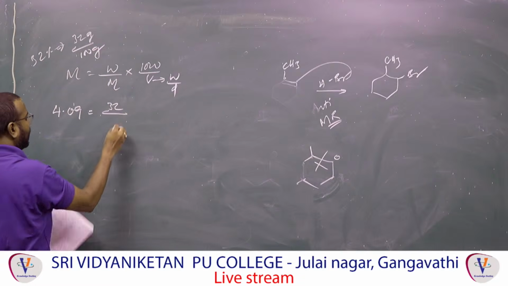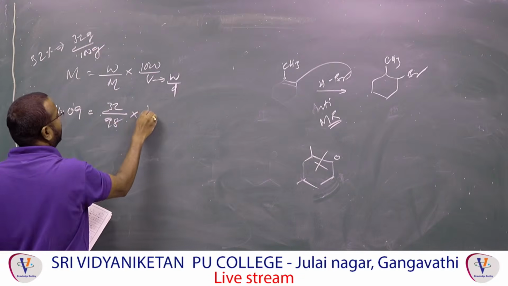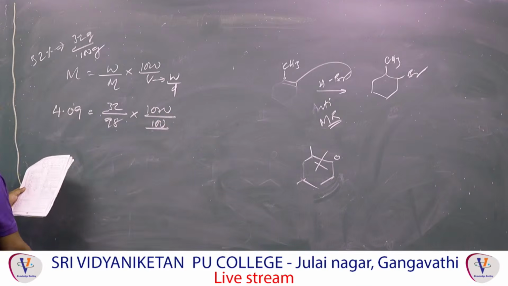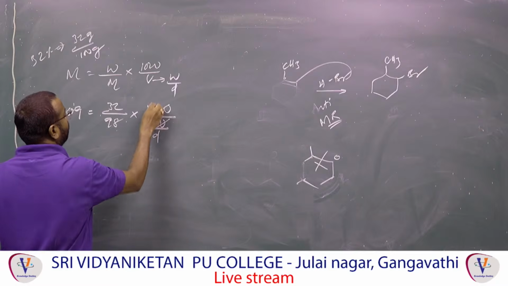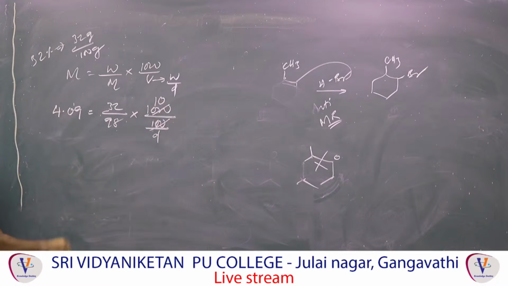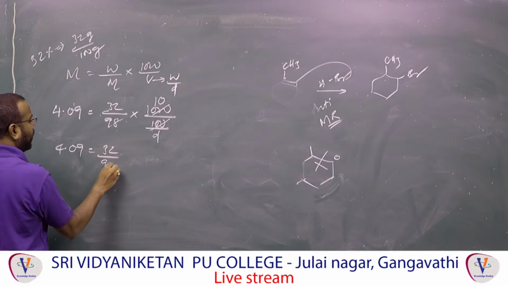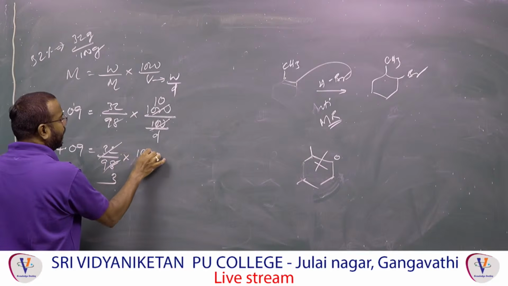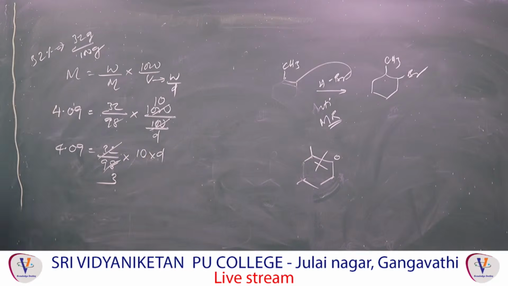So 32 divided by sulfuric acid 98 into 1000 divided by 100 is the mass of the solution. Density is not known to us, we need to calculate. So 4.09 equals 32 divided by 98, approximately 3 times, into 10 into density is what we have.